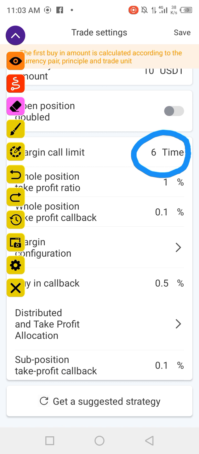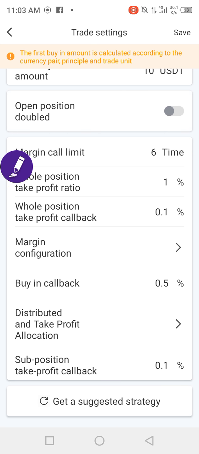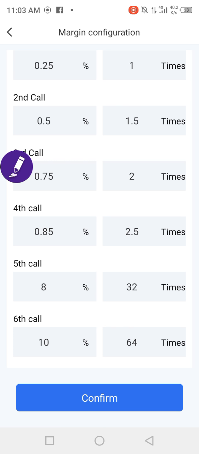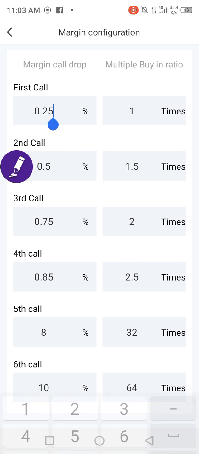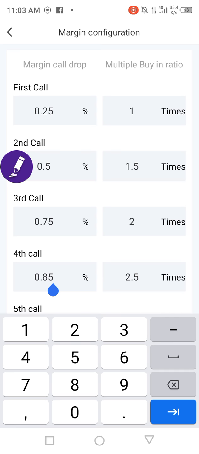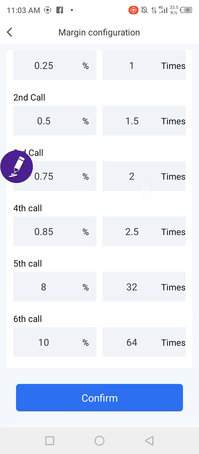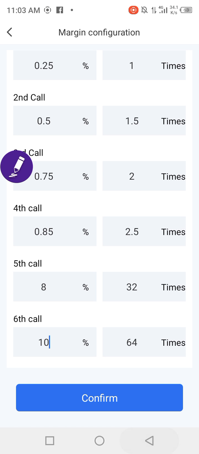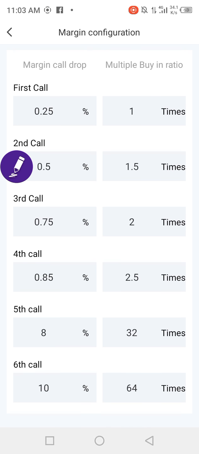This is where you set that in margin configuration. So once we have placed here 6 times, let's open margin configuration. You will see 6 layers: 1, 2, 3, 4, 5, 6. So these 6 layers, you will configure it as well to test system how these 6 layers will come in.